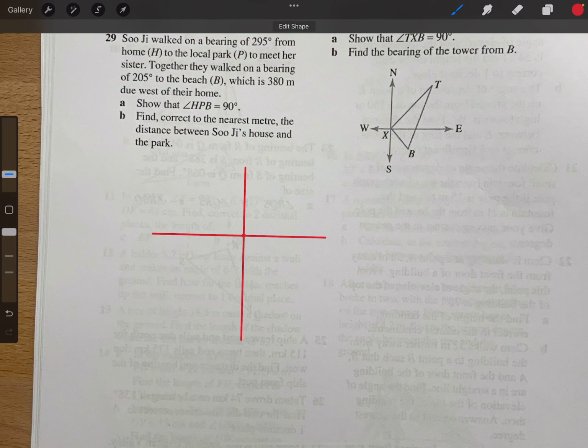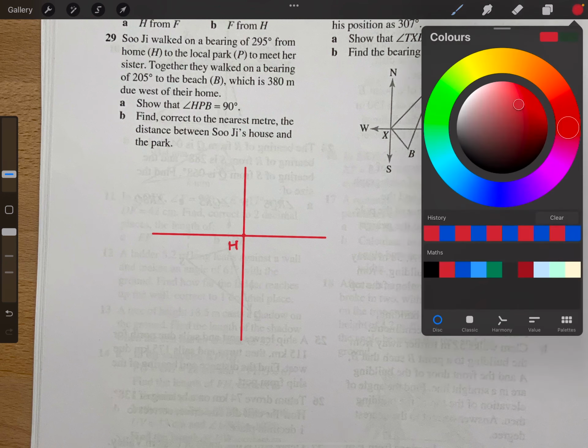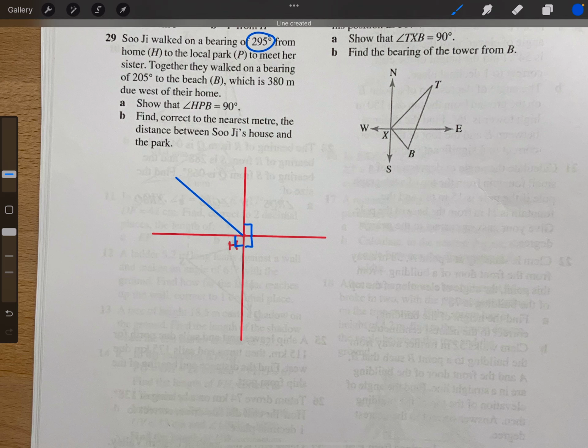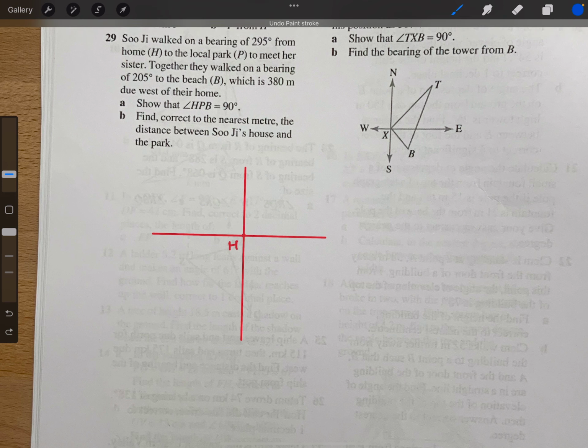Okay, so this is H, where she lives. This will be 90 degrees, 180, this will be 270. This is more than 270, so it has to land in the last quadrant here.